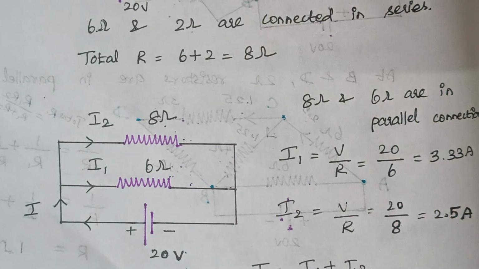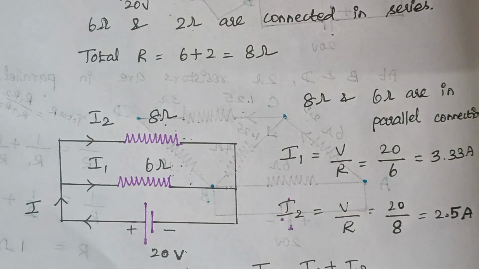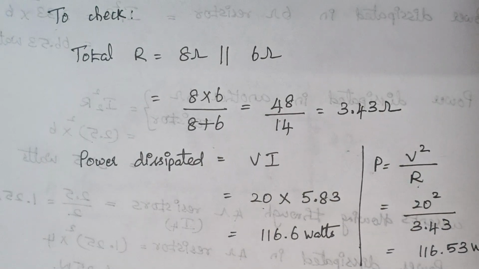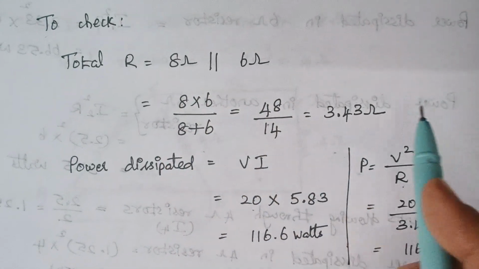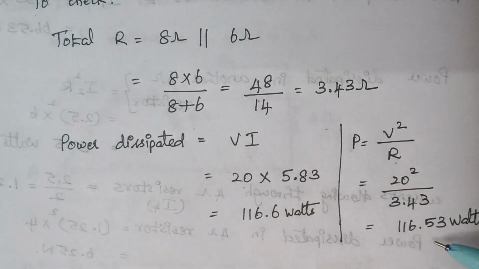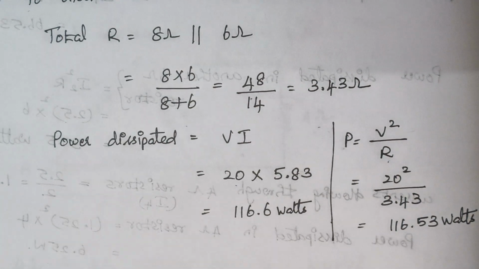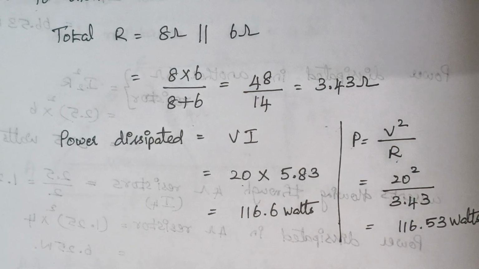Here two resistors are in parallel. So just calculate the equivalent resistance. This is what is done here. So total R is calculated. Now just substitute in this formula and again the value of power is 116.53. So now this tallies with the tabulated value.